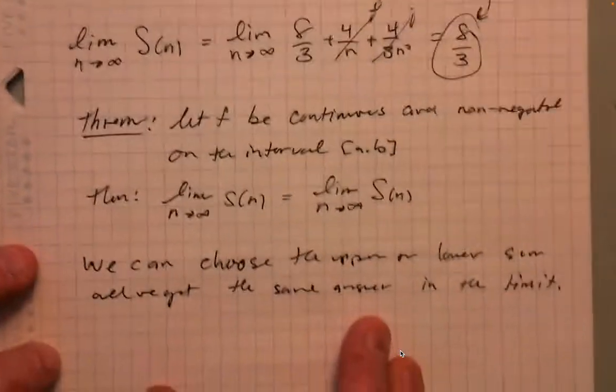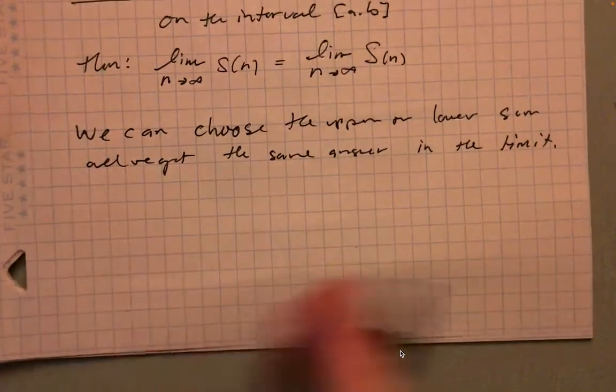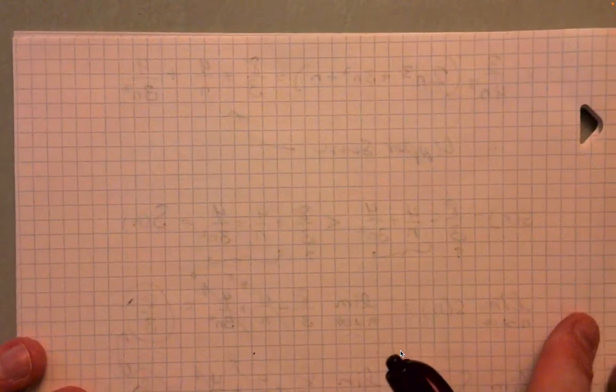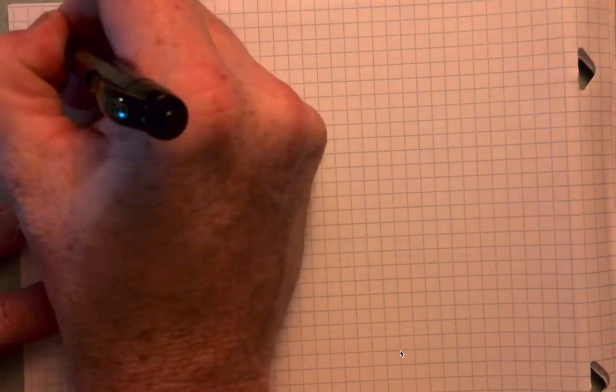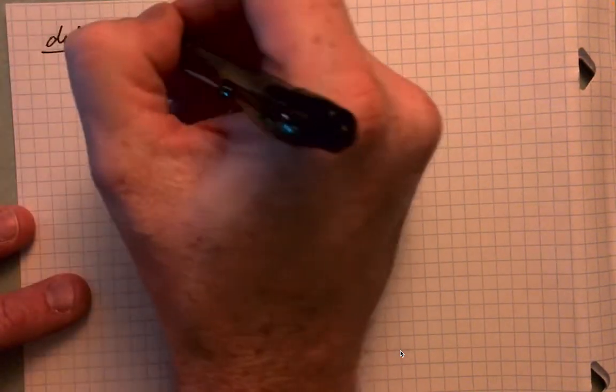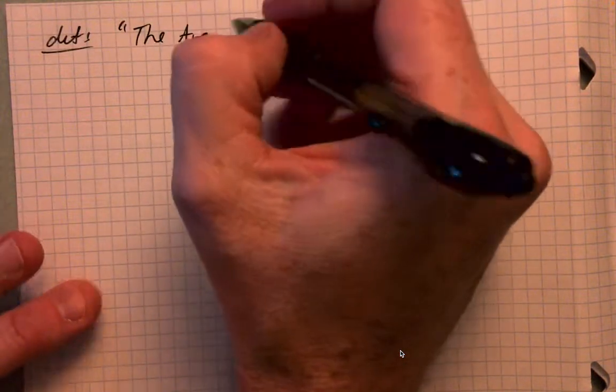Let's go ahead and use this to create a definition for the area. I'm going to switch pages here. So here's a definition, which will be intuitive now since we've gone through this, but it would have been complete mayhem had we not gone through this example. This is the area of a region in a plane.